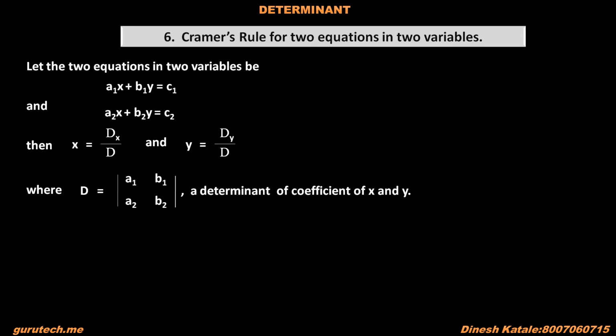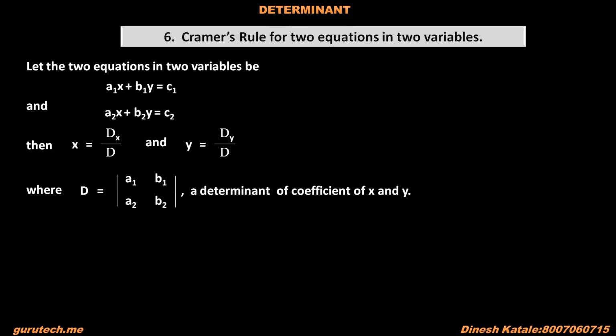In this determinant D, the first row a1 b1 are coefficients of x and y of the first equation, and the second row a2 b2 are the coefficients of same variables x and y of the second equation.